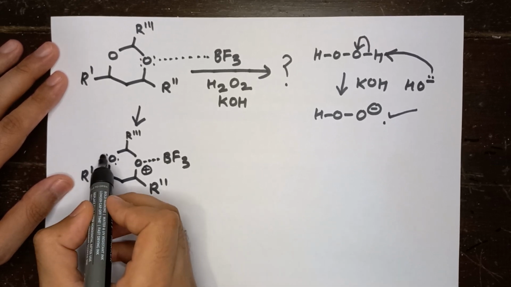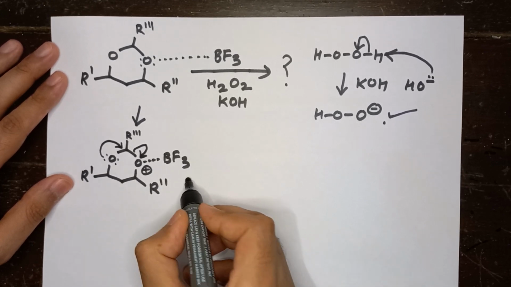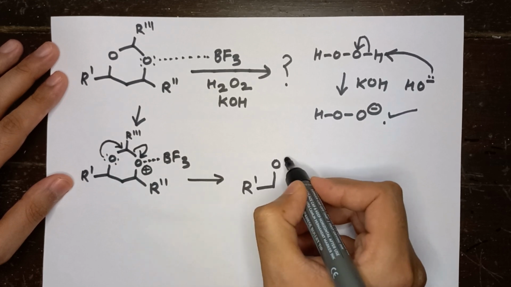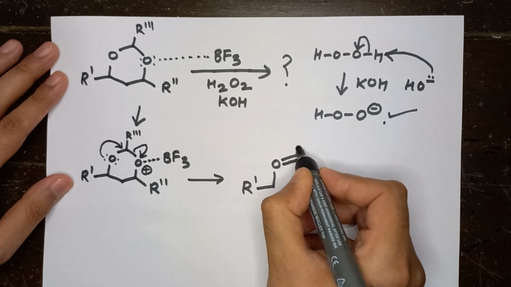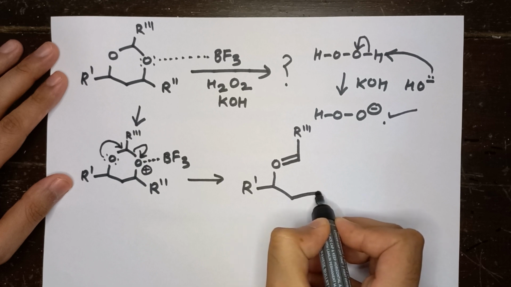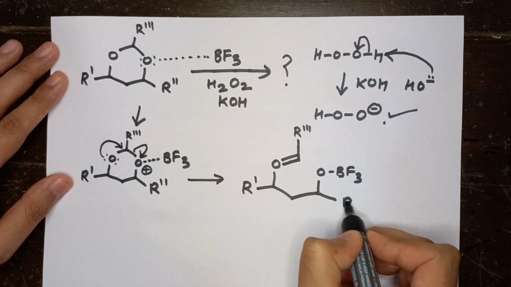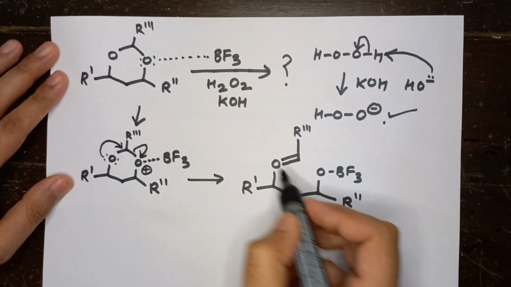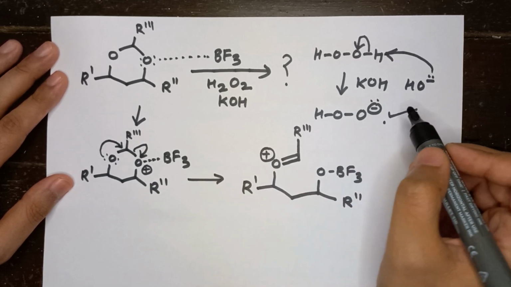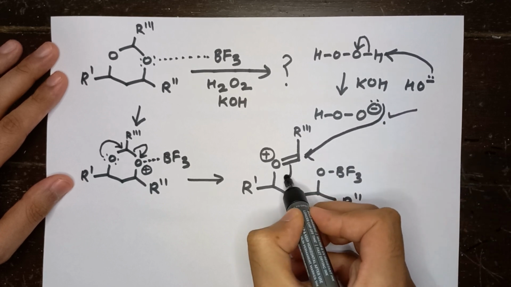Now this oxygen's lone pairs will form a double bond here, and this bond is going to break. And this will give me this one. Now this oxygen has a positive charge, and we have this oxygen with a negative charge.